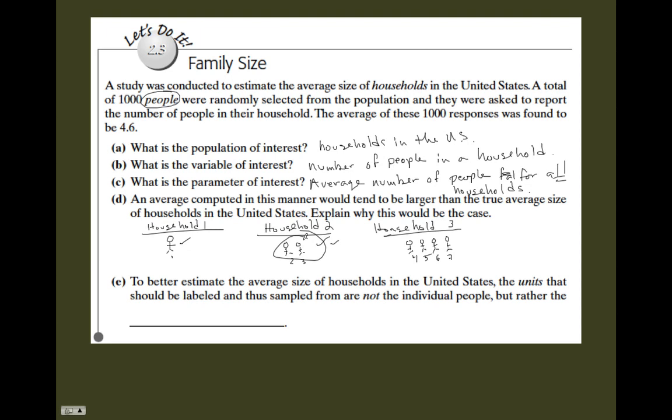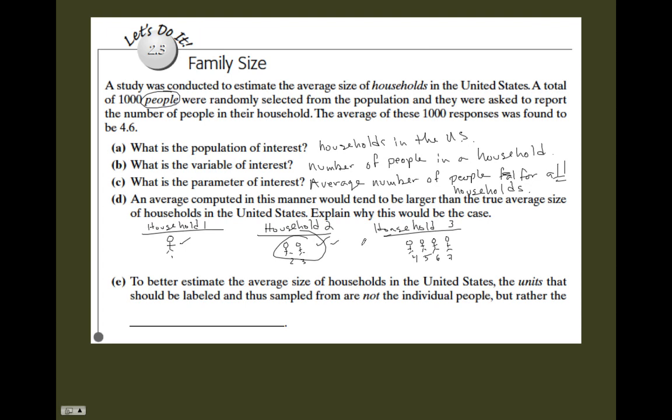So the chance of this household being selected is twice as great as the chance of household 1. And household 3 has 4 people, so it's 4 times more likely household 3 is sampled than household 1. And what that means is, if our sampling design is to sample people and then inquire about how big their household is, clearly the larger households are going to have a greater likelihood of being included in the sample. And so that's going to inflate the estimate of the true average.